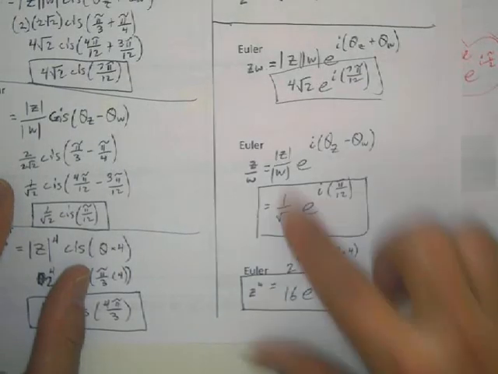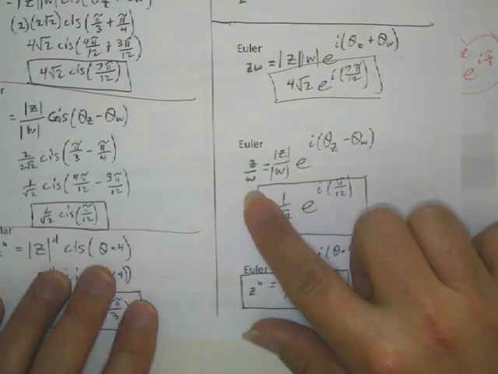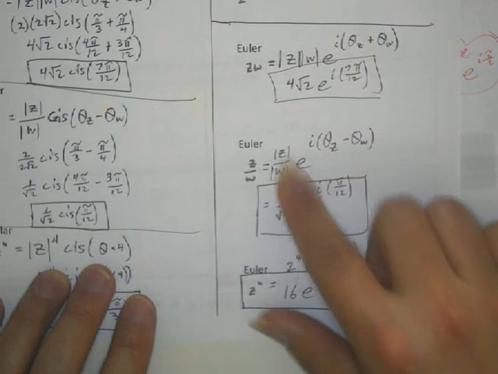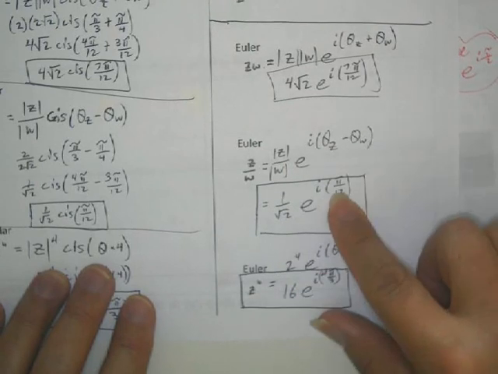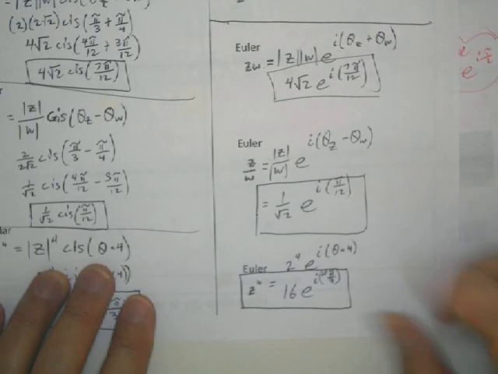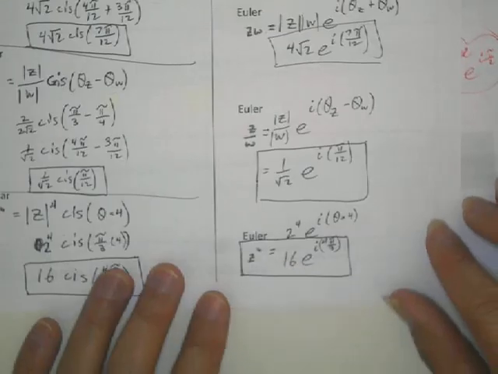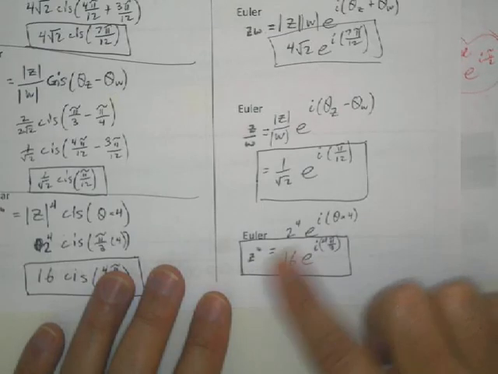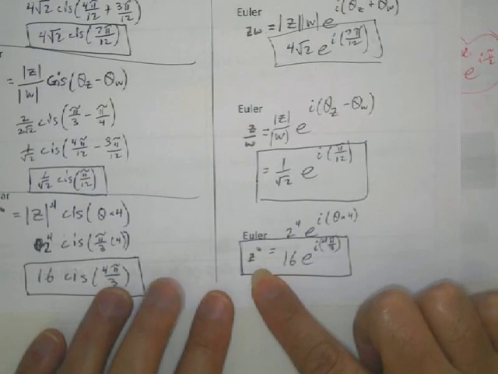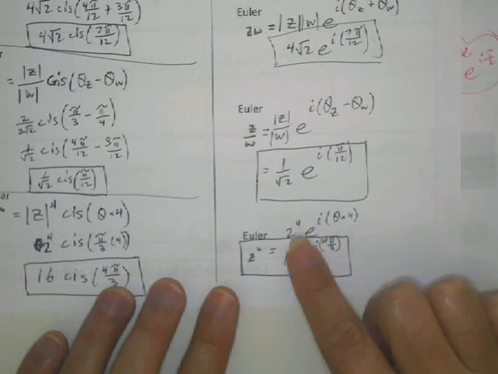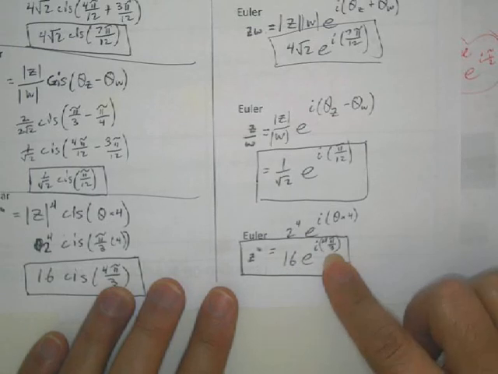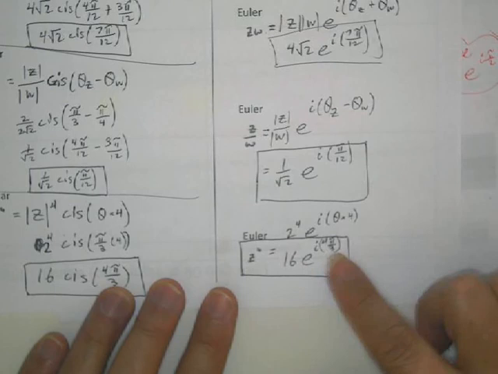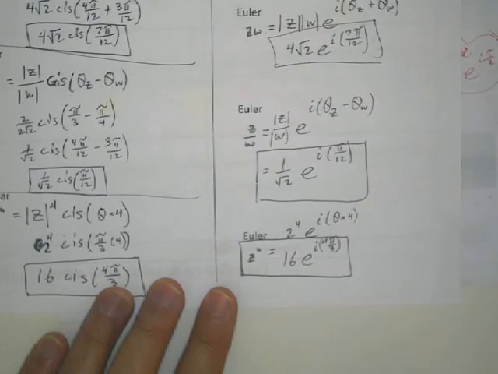And if you're dividing two complex numbers, then you divide the moduli and you subtract the arguments. And if you're raising a complex number to a particular power, you put the moduli to that power and you multiply that power times the argument. Super important.